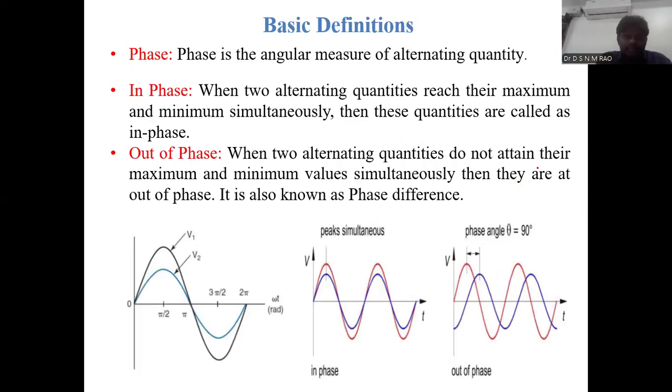Next one is phase. Phase is defined as the angular measure of an alternating quantity. In phase means when two alternating quantities, two voltage signals, this is voltage signal 1 and this is voltage signal 2, V1 and V2, reach their maximum and minimum values simultaneously, then these quantities are said to be in phase.